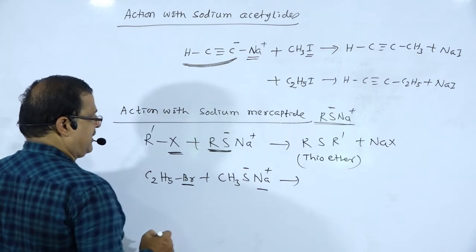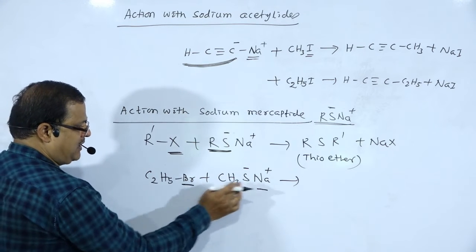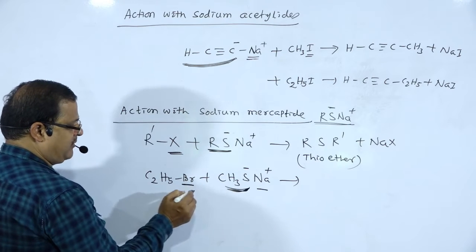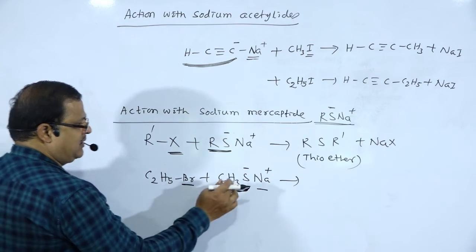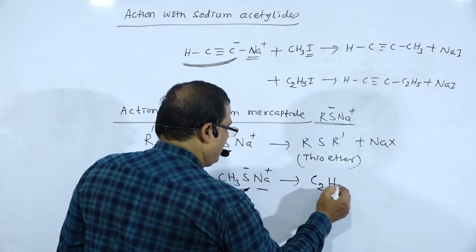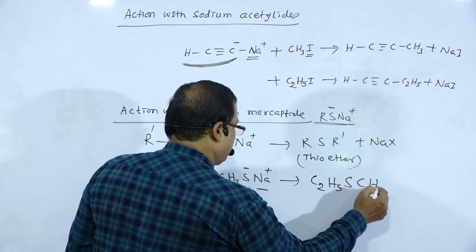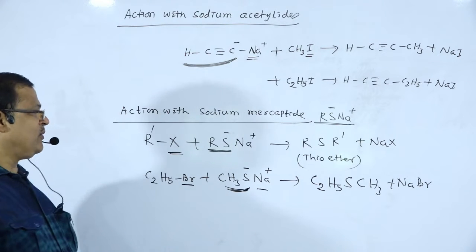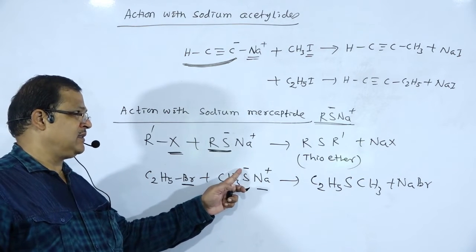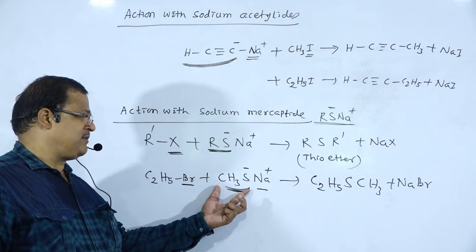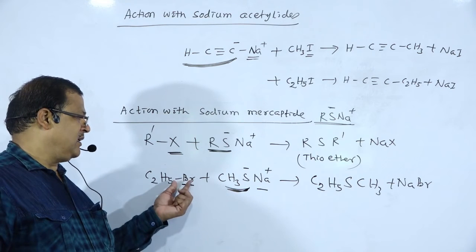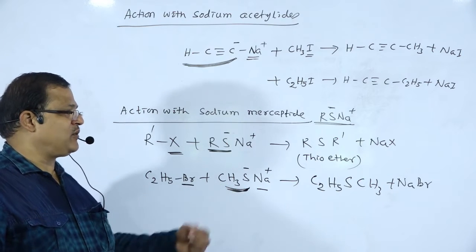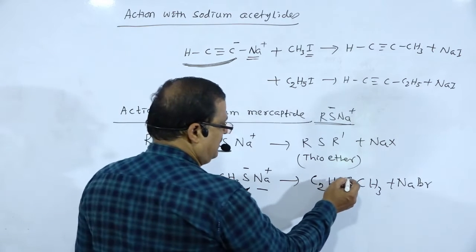The Na plus part and Br are removed, and instead of Br, this nucleophile will be substituted. So the product will be C2H5SCH3 plus NaBr. The nucleophile is CH3S minus, and the bromine part gets replaced by it. Therefore, thioether is formed.